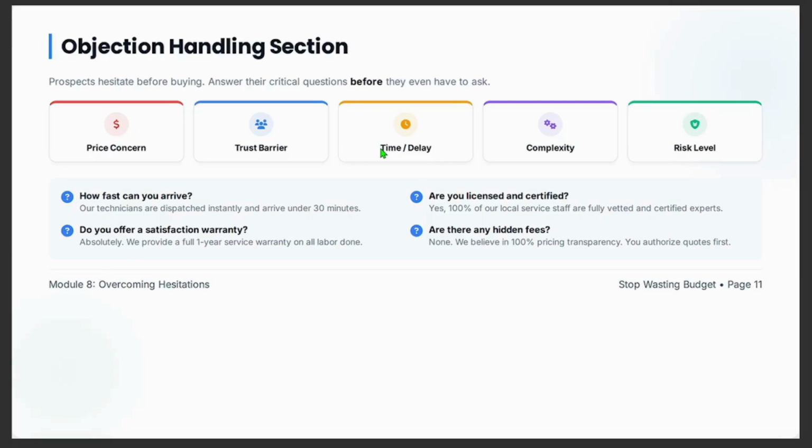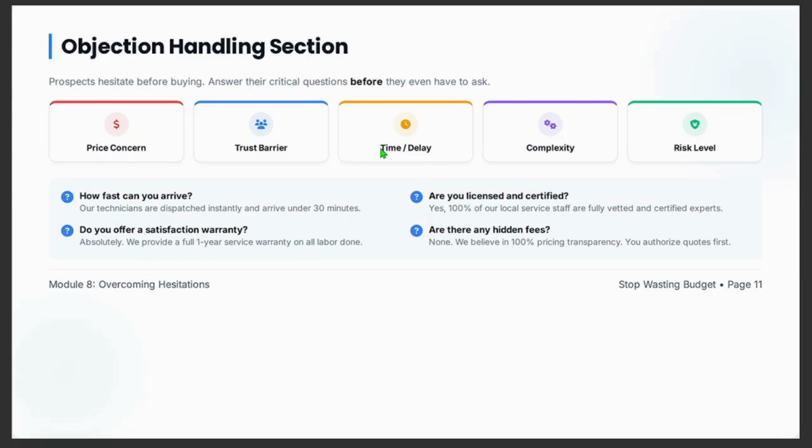So here is the solution: add an FAQ section on your landing page and answer questions like these: how fast can you arrive, are you licensed and certified, do you offer a warranty, are there any hidden fees? Answer them before the user asks, and this removes doubt and increases your conversions.